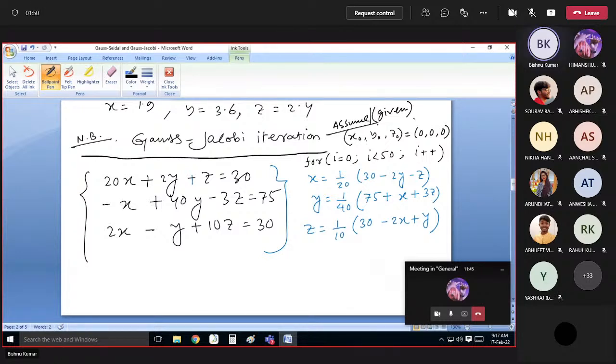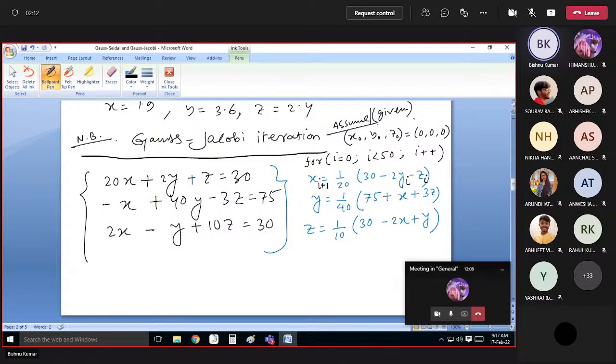With the help of x0, y0, z0, all values will be used on the right hand side. So for I equals 0, to get x1, that is xi plus 1, you need y0 and z0.